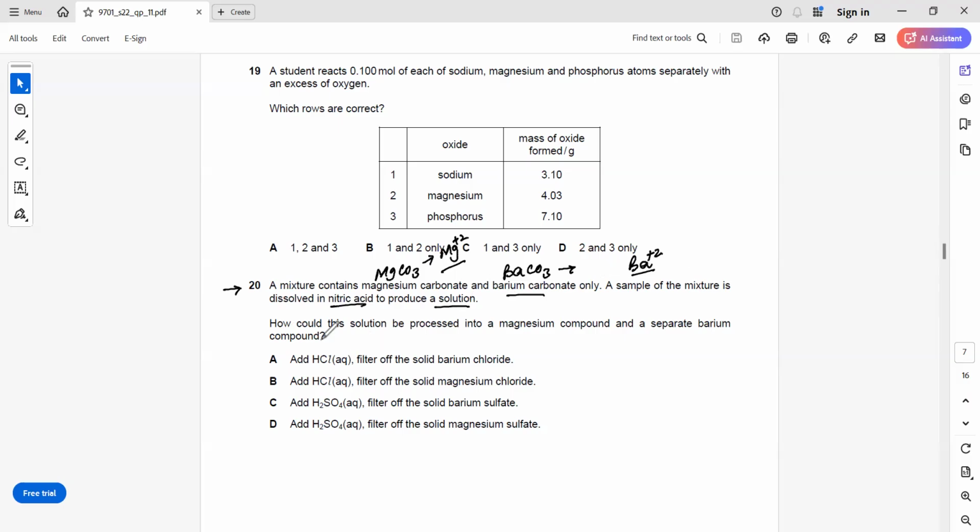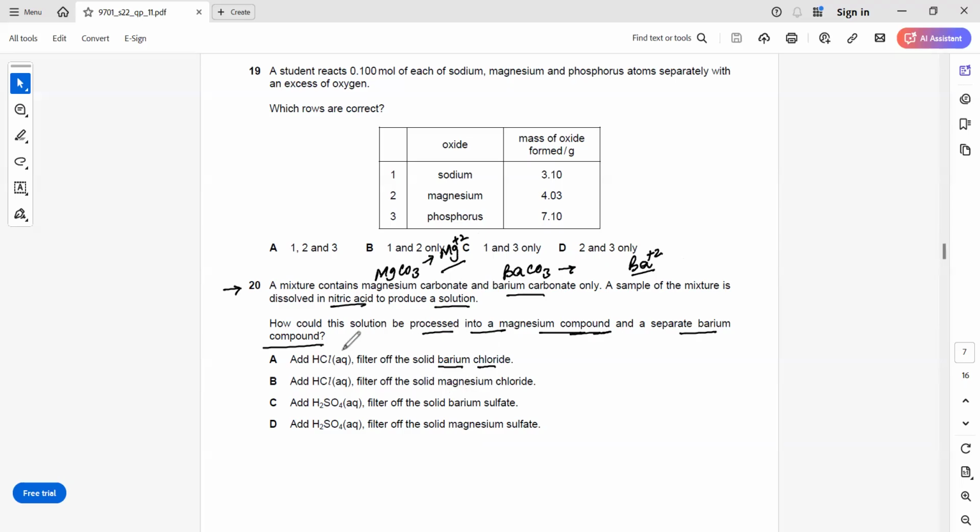In this solution, how could this solution be processed into a magnesium compound and a separate barium compound? We have these two ions in it. They are saying add acid, filter off the solid barium chloride.